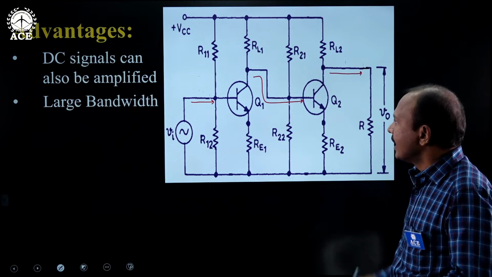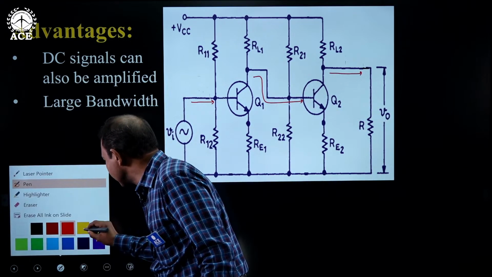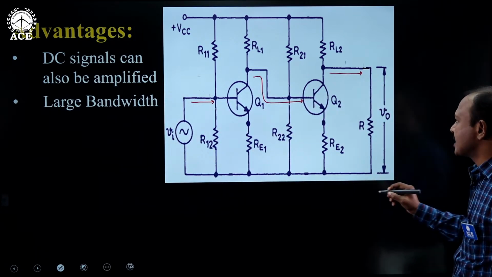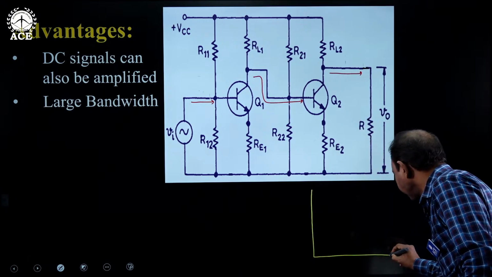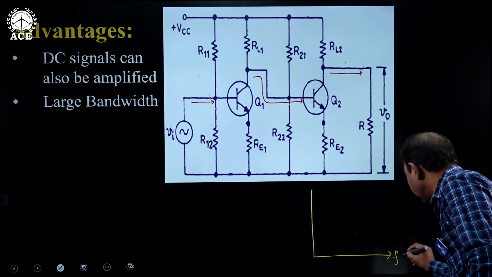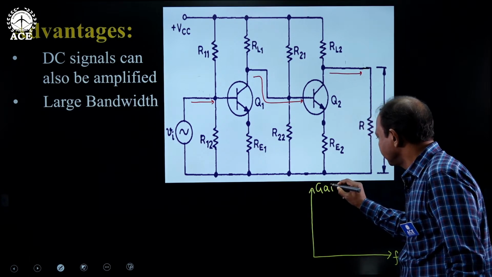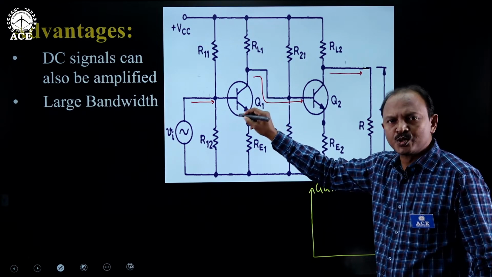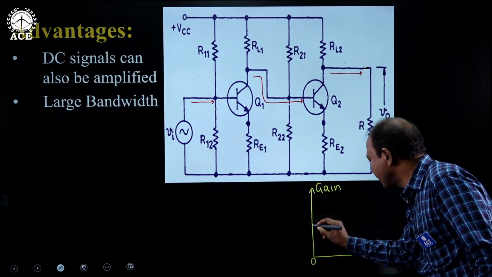Second one, large bandwidth. Of course, if you consider the frequency response of this amplifier, look at the frequency response here. Since there is no coupling capacitor or blocking capacitor used in the circuit, signals right from f equal to 0 will be amplified.